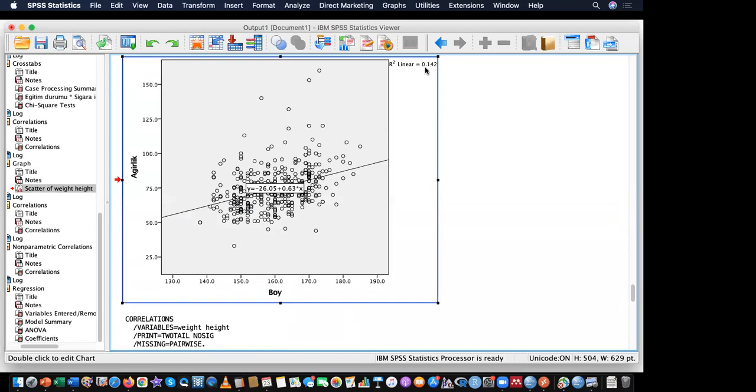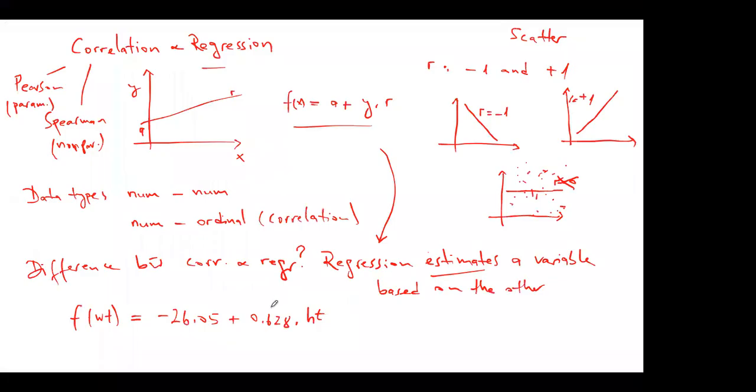You see, the R square is 0.14, which means 14% of the dependent variable can be calculated based on the independent variable. And here is my formula: Y, which means the body weight, is equal to minus 26 plus 0.6 multiplied by body height. Okay, this is the formula.